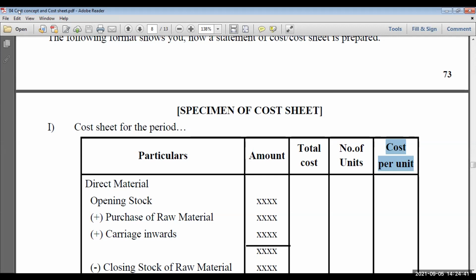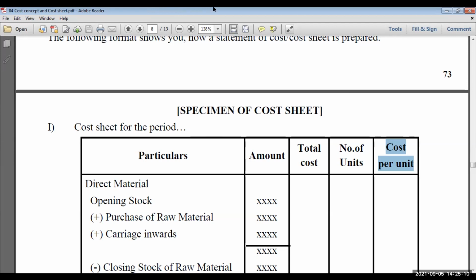Those industries which are producing a lot of material, but all units are identical in nature, can only apply this method of estimation of cost. If your company is making some output through different stages, there also you can have a uniform output, but it is not coming out of one process.